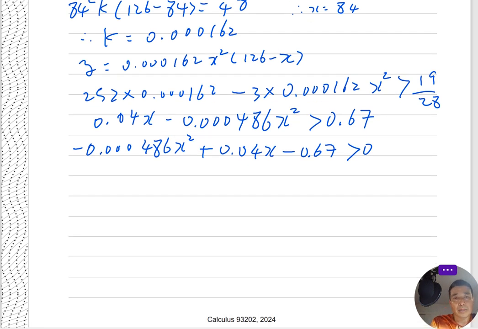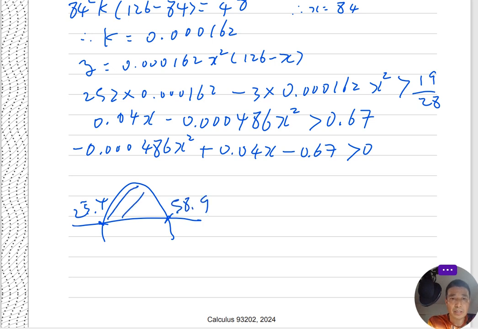It's an upside down parabola, so it would look like this. And there were two x-intercepts, I believe 23.4 and 58.9. So above is between these distances. When x is between 23.4 and 58.9, the slope is too high.